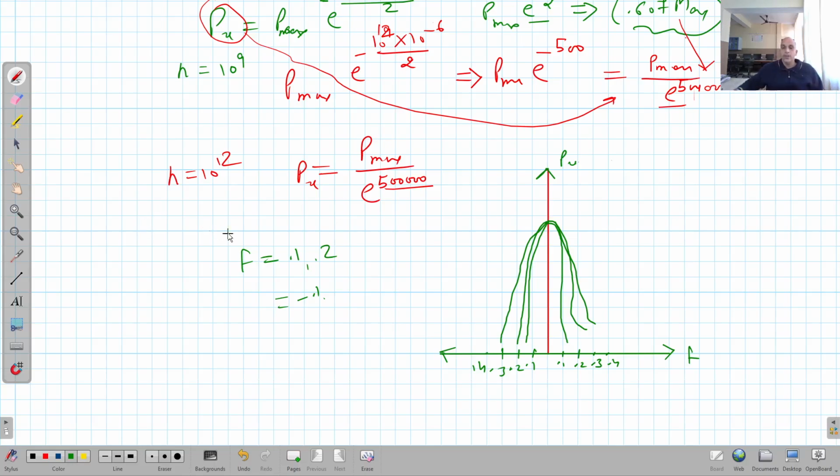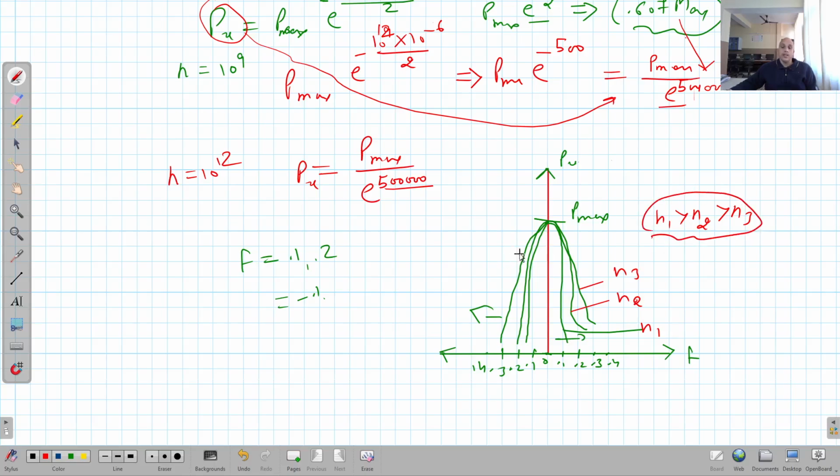What does it show? This is the case of 0, when the fractional deviation is 0, the probability is equal to p maximum. As you go either toward this side or toward this side, this curve is for n1, this is for n2, this is for n3. And n1 is greater than n2, which is greater than n3.